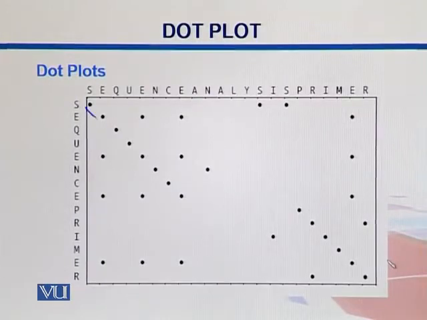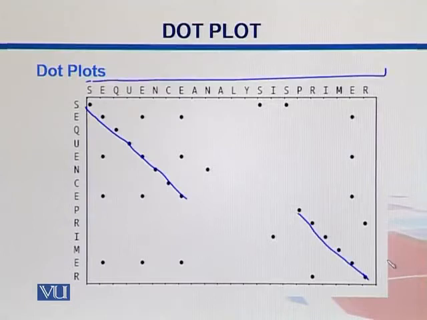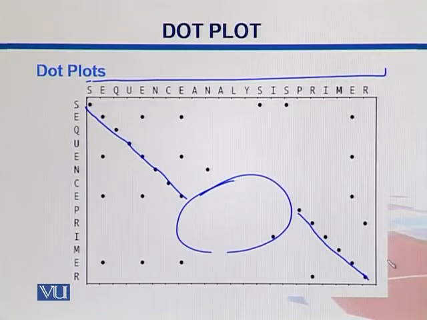The diagonal was going like this, and then there is a gap. This was the full length, and this area tells us there is a deletion. Insertion on one side: you see the word "analysis" is missing in the other. So this is one thing we can get out of it.